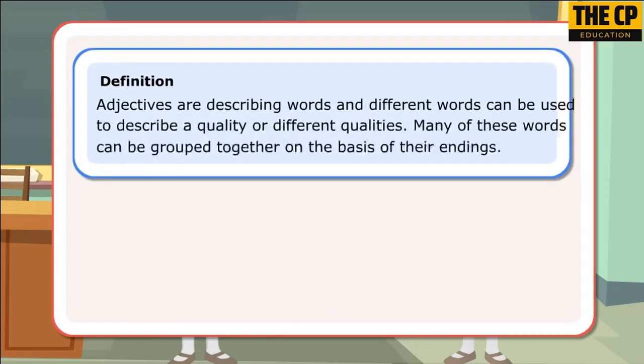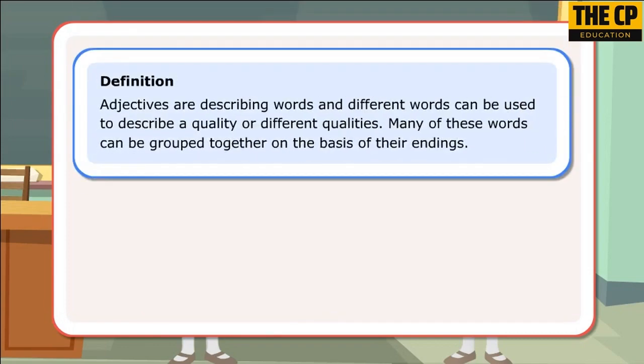Definition: adjectives are describing words, and different words can be used to describe a quality or different qualities. Many of these words can be grouped together on the basis of their endings.